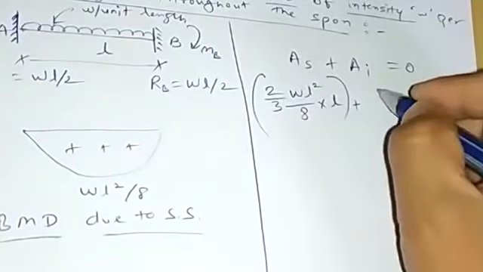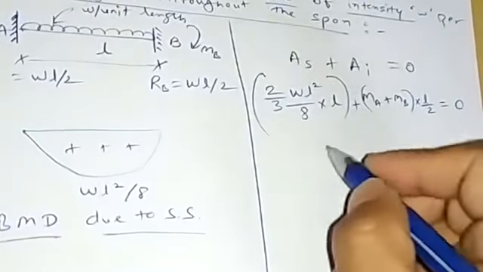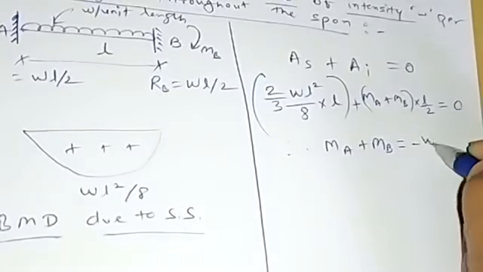So we have (MA plus MB) into L by 2, and this is going to be 0. So if we just solve it for MA plus MB, we will get minus WL square by 6.